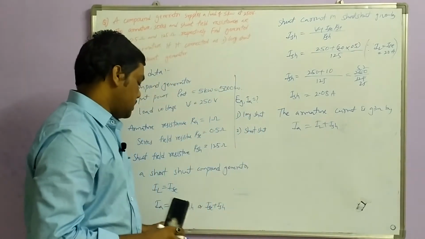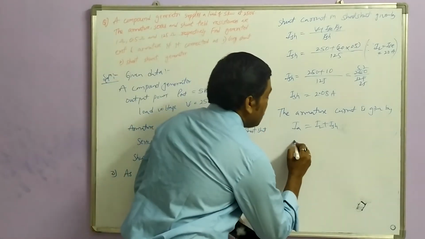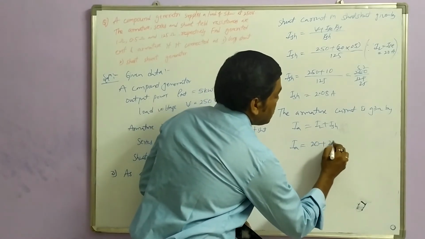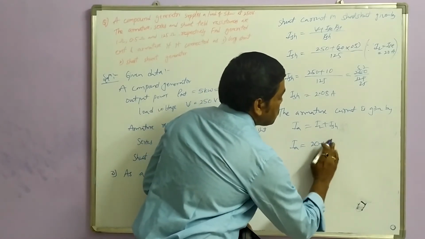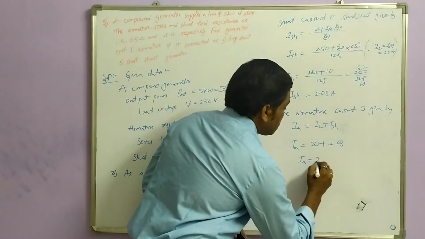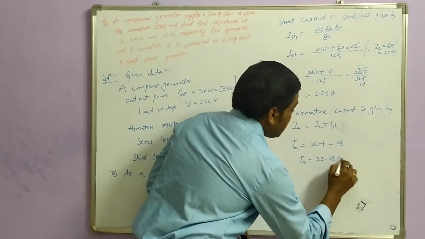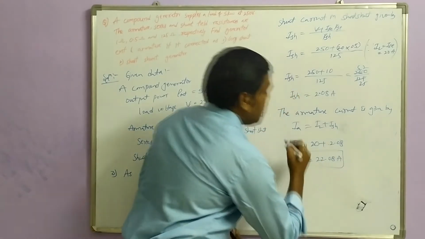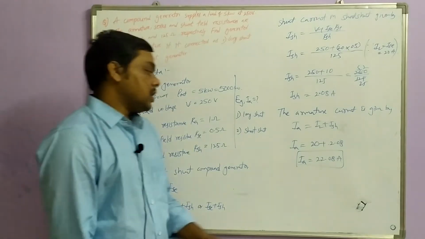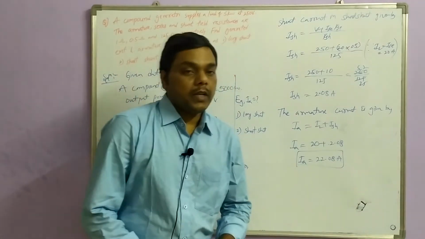We already wrote it here, I am repeating. Now IA is equal to 20 plus 2.08, so IA is 22.08 amperes. Since the load current and field currents are same, we get the same armature current here.